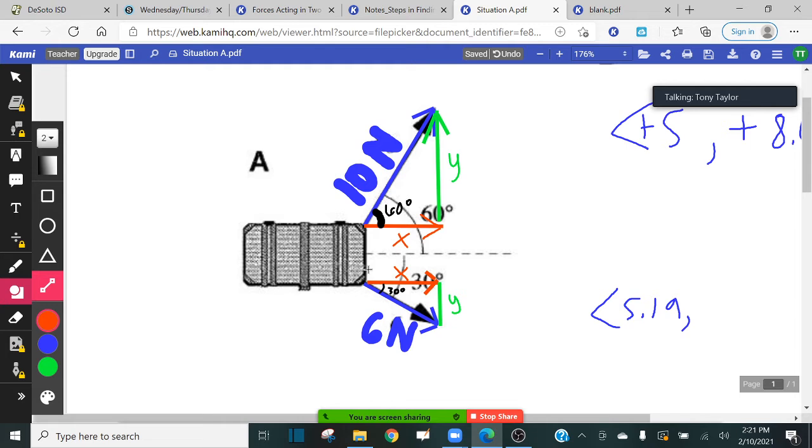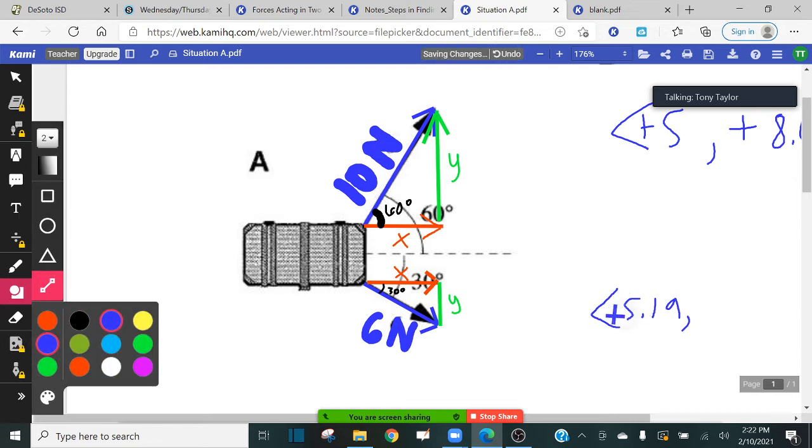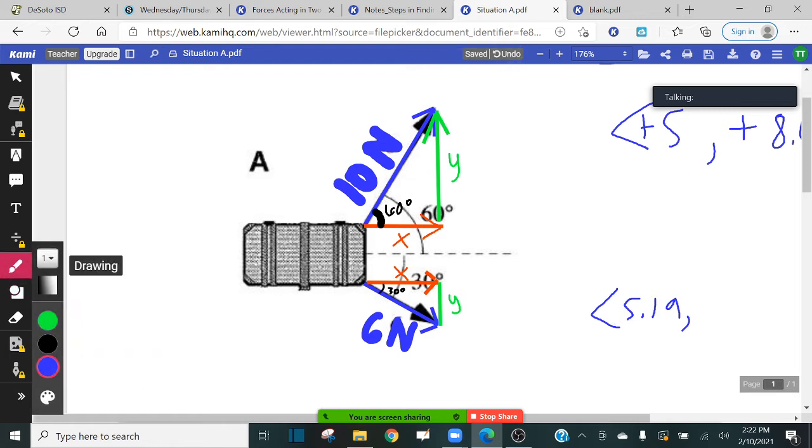It's pointed to the right. So is that positive or negative? It's positive. Exactly. Your direction matters whenever you're working out these problems. So it's a positive 5.19 for the x component.